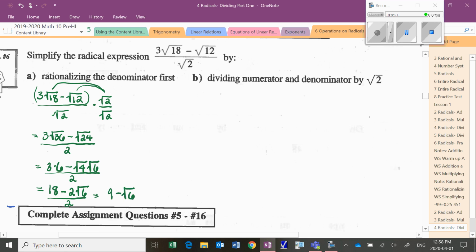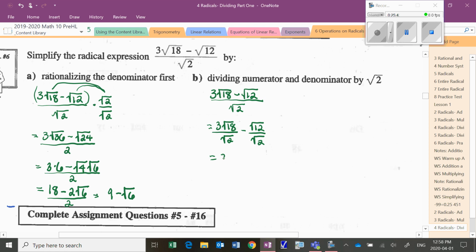Okay. Alternatively, if we did that whole idea of dividing a polynomial by a monomial, it's the same as dividing each term by that monomial. So 3 root 18 minus root 12 divided by root 2 is like saying 3 root 18 divided by root 2 minus root 12 divided by root 2.